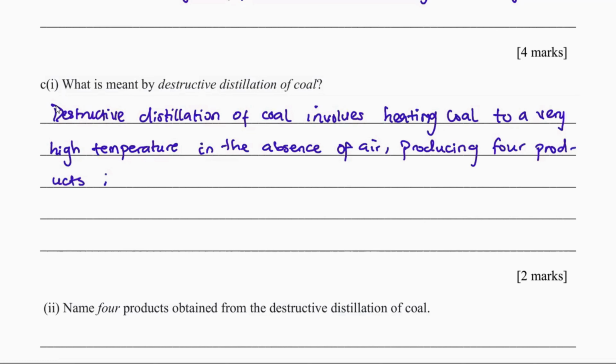Okay, which are coke, coal tar, coal gas, and ammoniacal liquor.